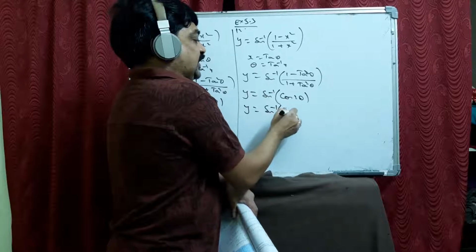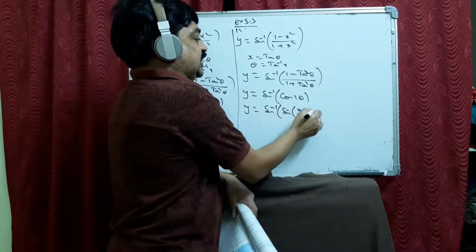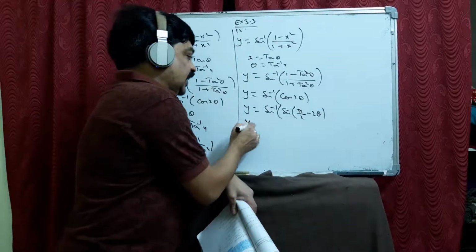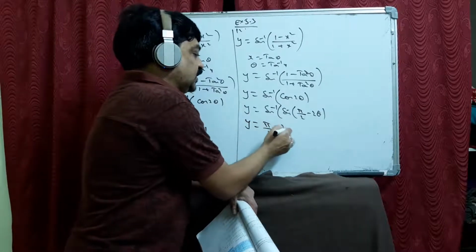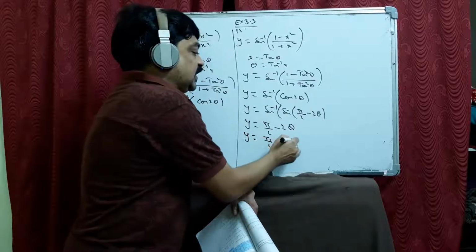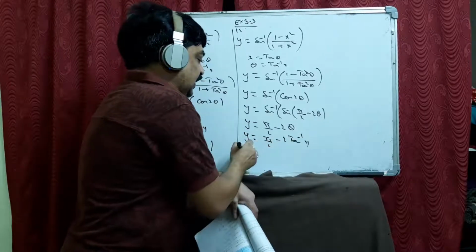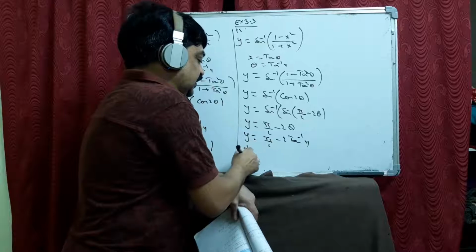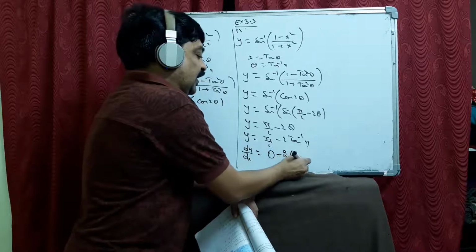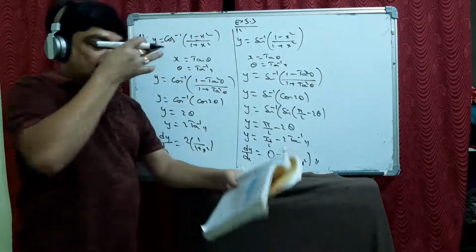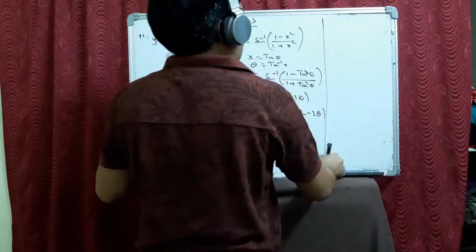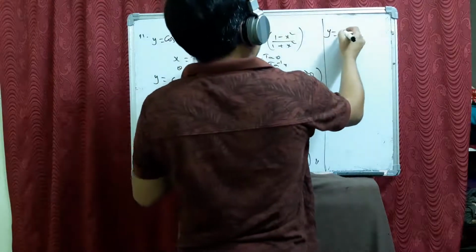Then we take this as sin of 90 minus 2 theta. Then we can cancel sin inverse and sin. It becomes pi by 2 minus 2 theta, where theta becomes tan inverse x. So dy by dx becomes 0 minus 2 into 1 by 1 plus x square. Okay. Same happens in the case of cos outside and sin inside.